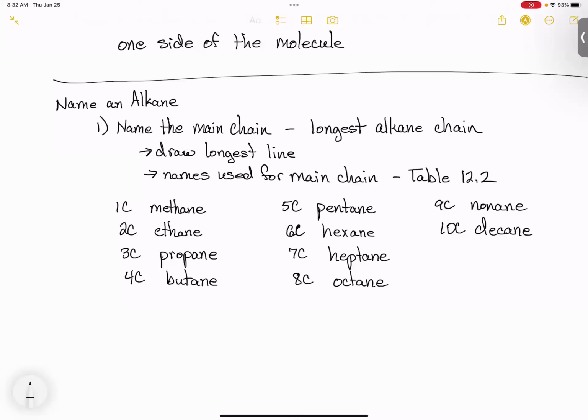That's where the oct comes from. So in other words, when you get to 5 on through 10, the prefix is the same as the name of the shape for that number. It's only 1 through 4 that have different prefixes that don't match the geometric shapes.